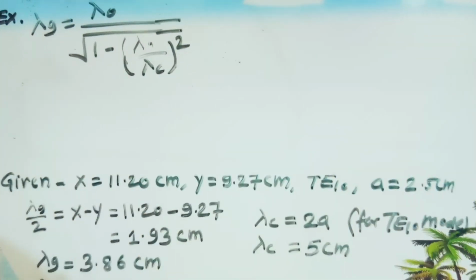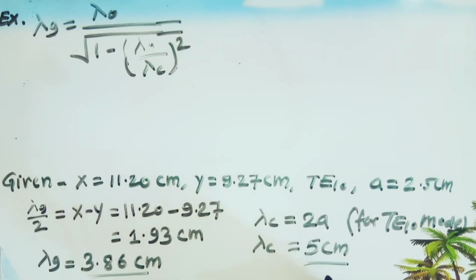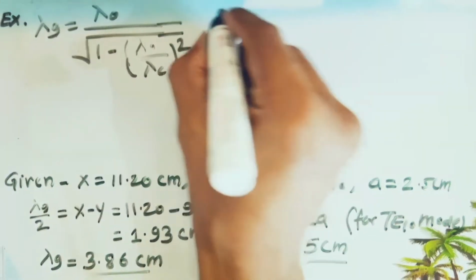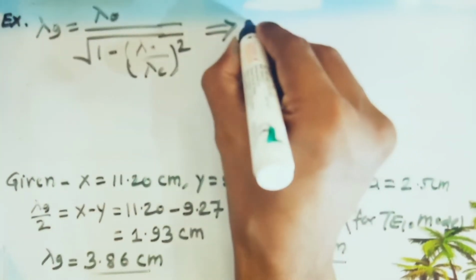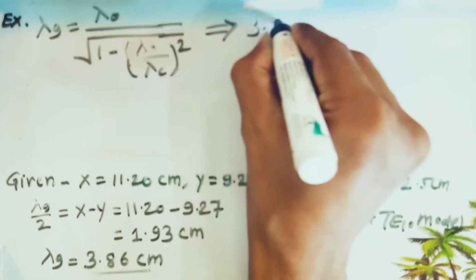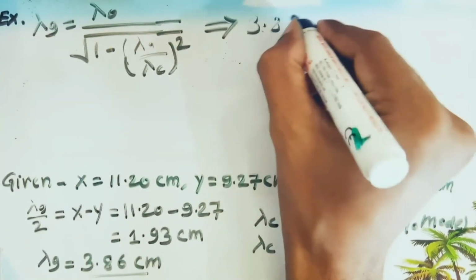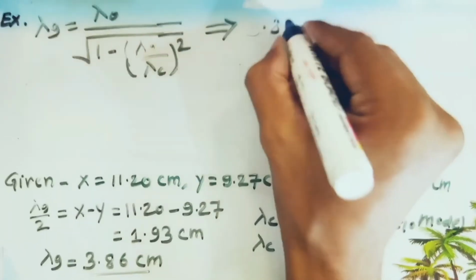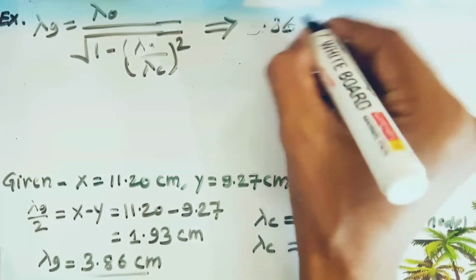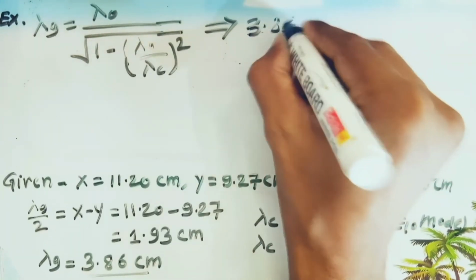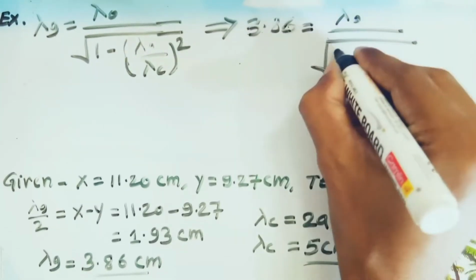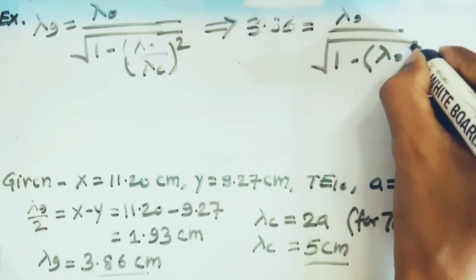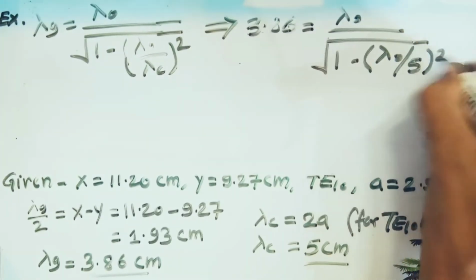Okay, so we have the value of lambda g and lambda c, and we have to find out the value of lambda 0. So first put in this value. This equation implies that 3.86 becomes equal to lambda 0 divided by under root of 1 minus (lambda 0 divided by 5) whole square.